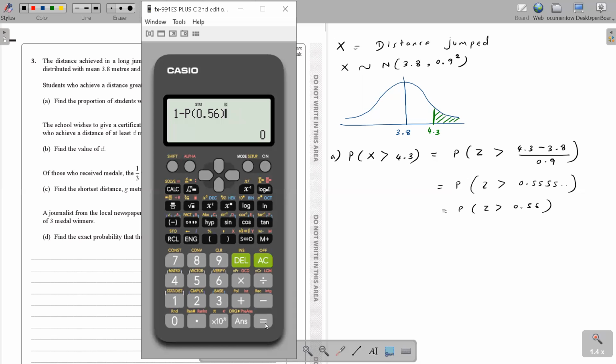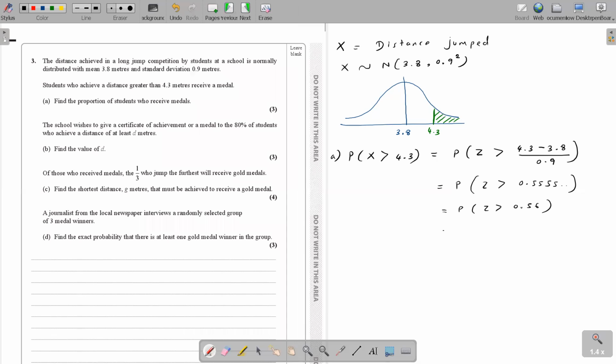Because P gives me the area behind and I don't want the behind area, I want the in front area. Give your answer to 4 dp and you get the same as the table: 0.2877. Table answers are to 4 decimals, so make sure this is also 4 dp, 0.2877. So you get the same answer as you would get in the table. Okay.